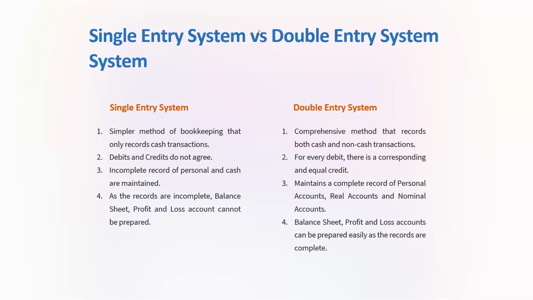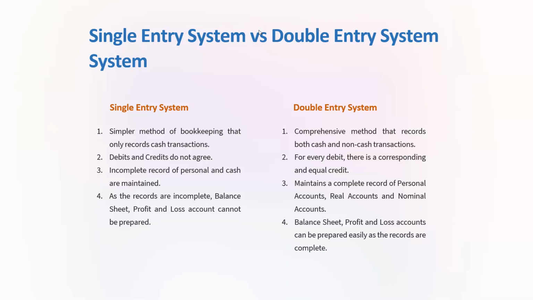It's a simpler method of bookkeeping, but the debit and credit columns don't agree with each other at the end of the accounting transaction. Whereas in the double entry system, we know that for every debit there is a corresponding and equal credit.